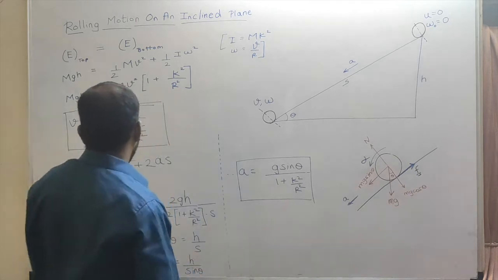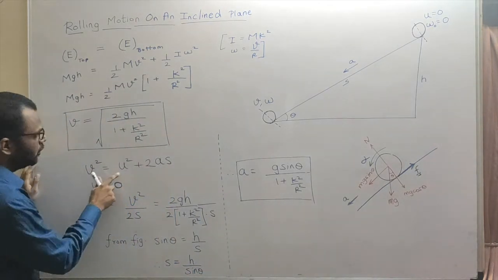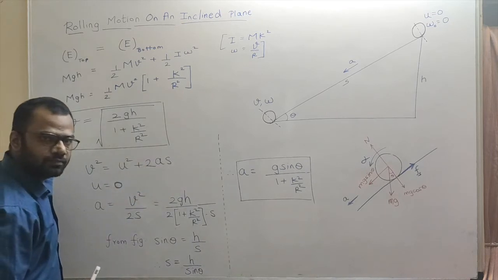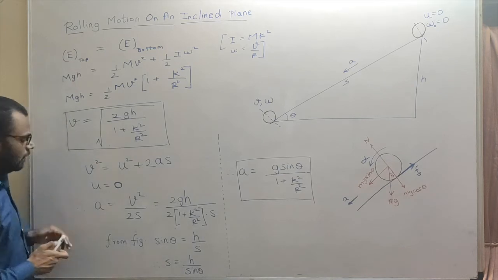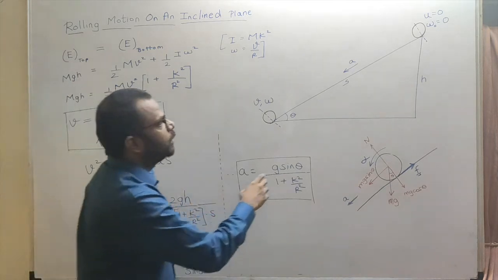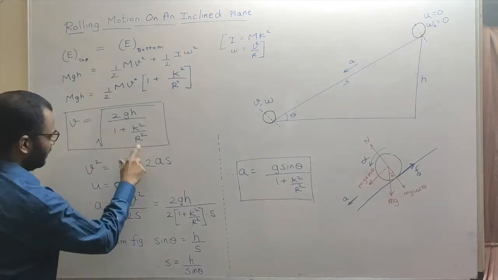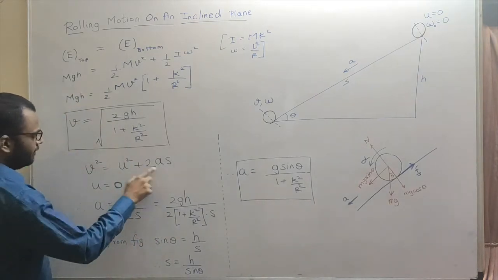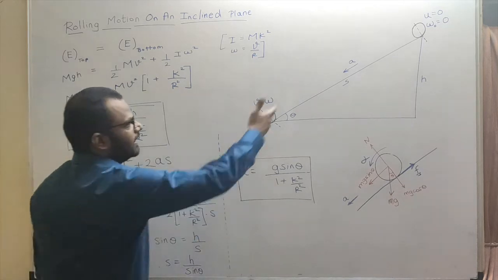To get it, we have the relation v square is equal to u square plus 2as. Now u is equal to 0, so this term will become 0, and a will be equal to v square upon twice s, where s is the length of that incline.